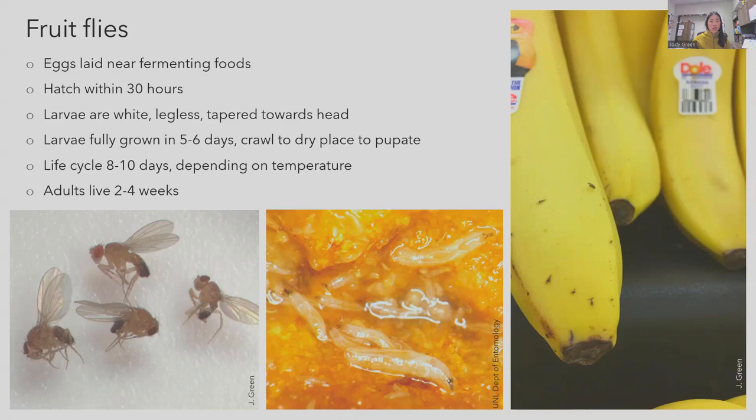So, speaking about their life cycle, the adult vinegar fly can lay up to 500 eggs near a fermenting food source. They hatch practically within a day, and they can develop very quickly and crawl out of the food source to pupate. We'll often find pupae on dish sponges or washcloths or somewhere close.